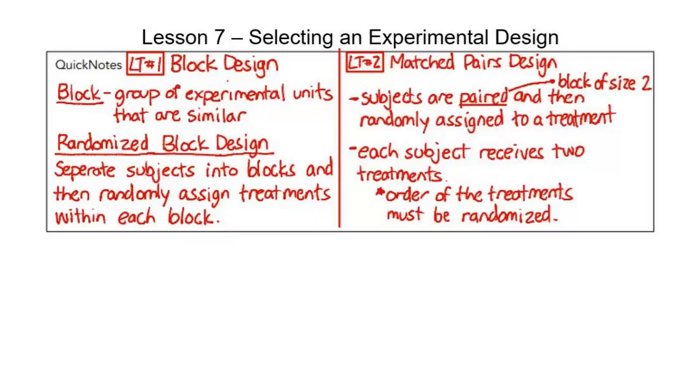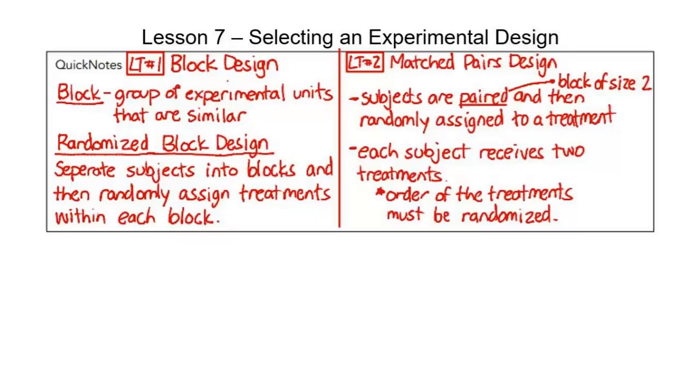If it lands on heads, then on the right foot they wear the new work boot, and on the left foot they wear the old brand. If it lands on tails, then on the right foot they wear the old brand, on the left foot they wear the new brand. So they are matched with themselves. That way both boots are going to go through the exact same conditions. And we could see at the end what happens, which one stood up better to the construction work.